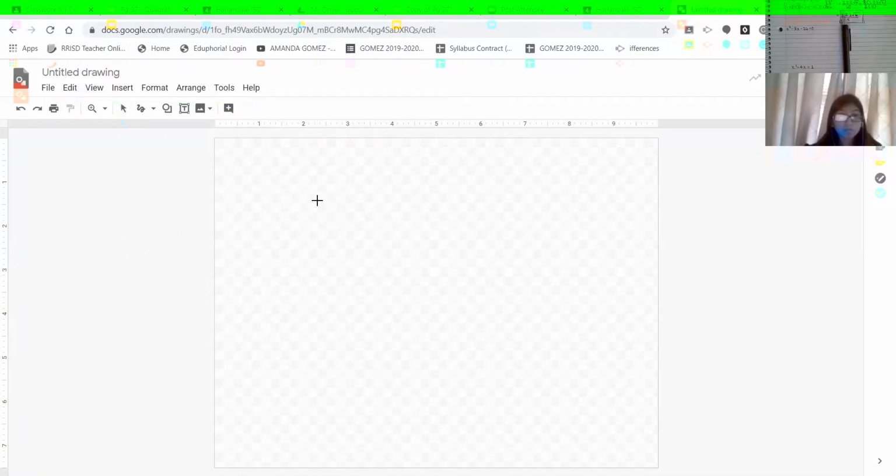You can either use your mouse pad, or if you're using your iPad or something like that, you can write a lot better. On my laptop, it's a touch screen, so I'm going to write right now. And I'm going to write x squared minus 4x is equal to 1.